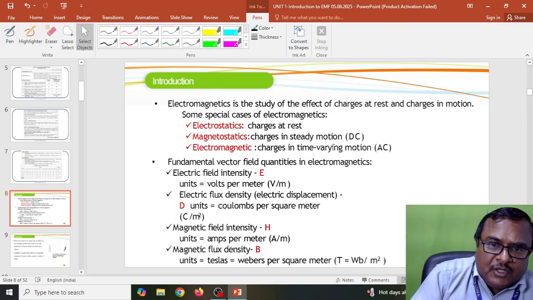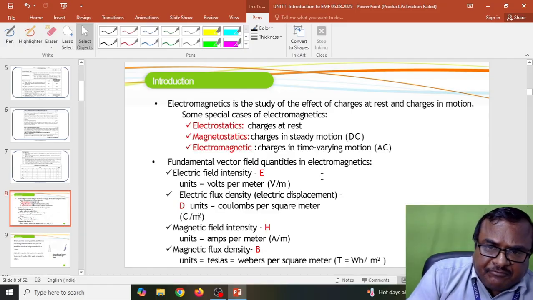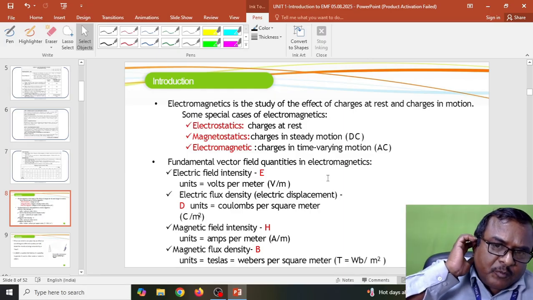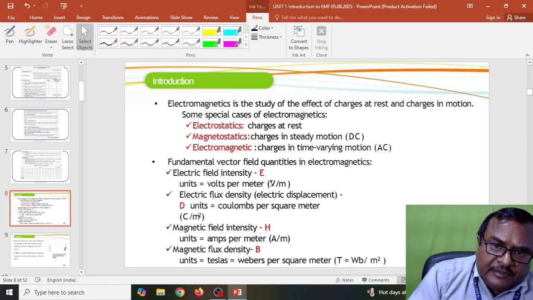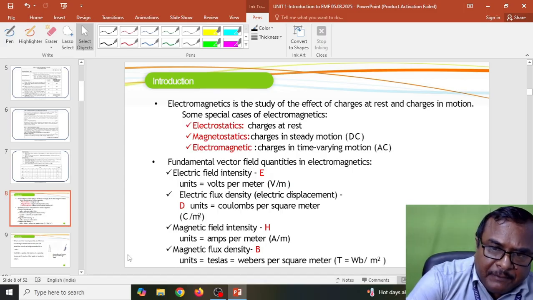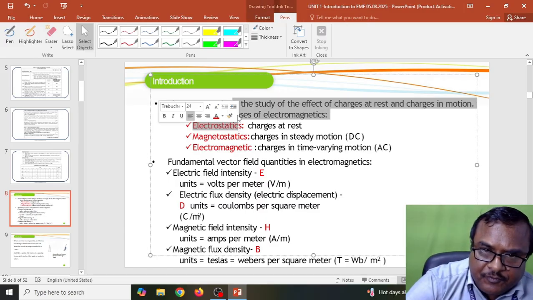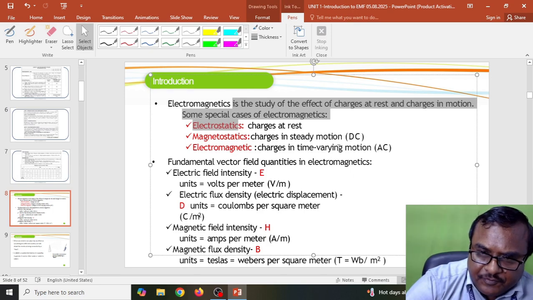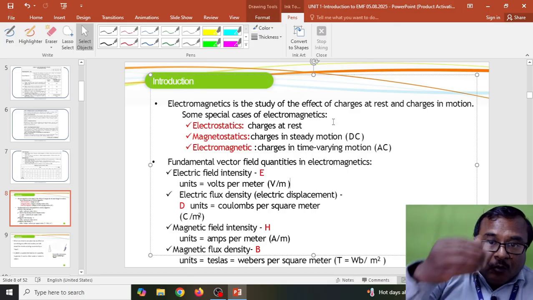Generally we have vector and scalar quantities. The fundamental vector field quantities in electromagnetism: first, the electric field intensity, called E, whose unit is volts per meter.